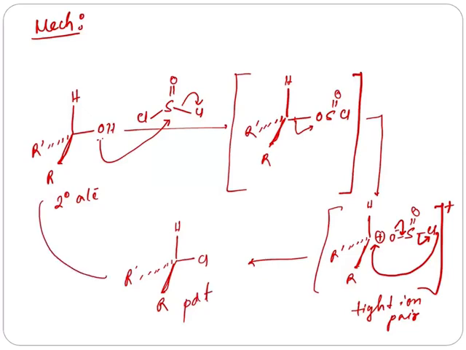One thing we should notice that the absolute configuration of the substrate, if it is R, then the absolute configuration of the product will be also R. If it is S, the product will be also S. So the reaction is actually stereoretentive.